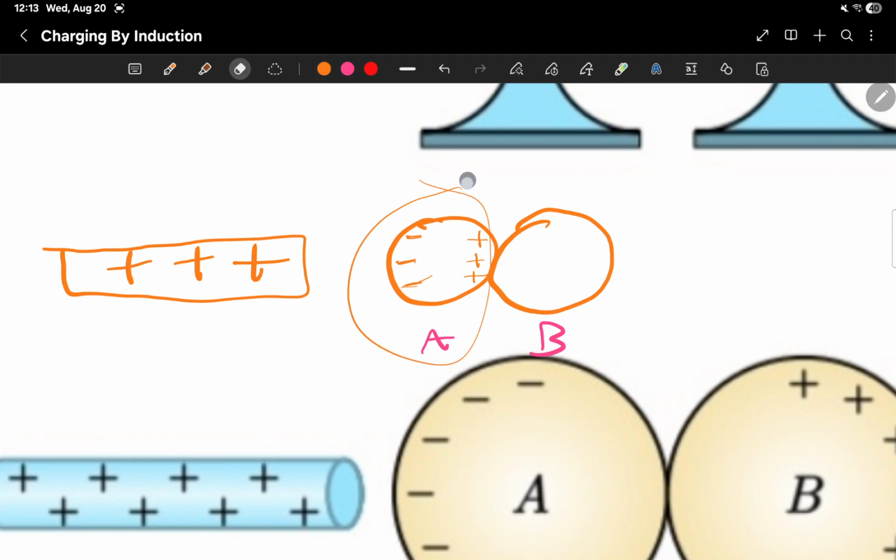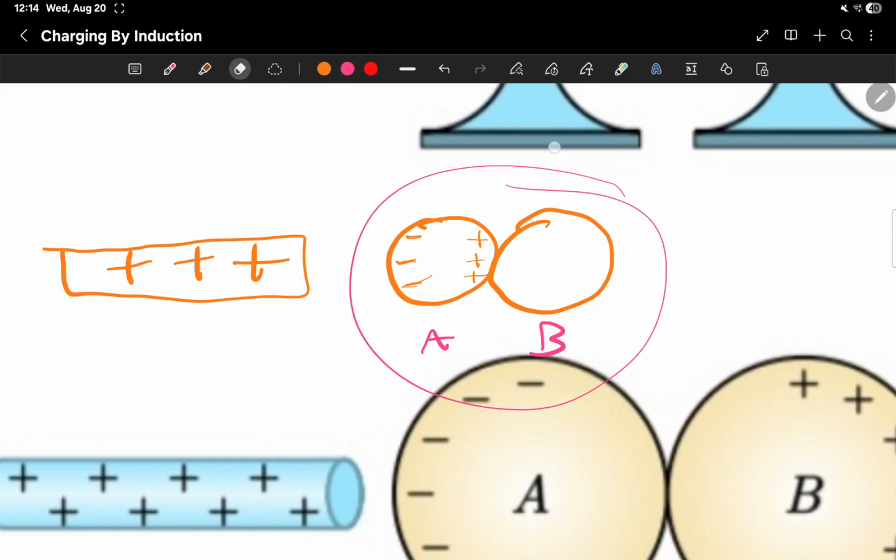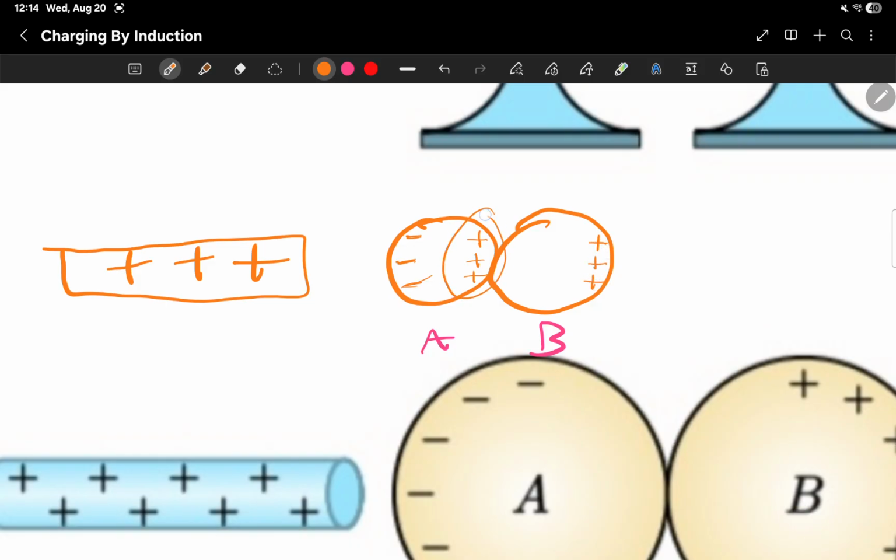has a dipole, the positive charges on the right-hand side of sphere A will repel the positive charges in this second sphere, especially because they're touching each other. So they'll move here to the right-hand side, and the positive charges will actually also attract the negative charges in the sphere.